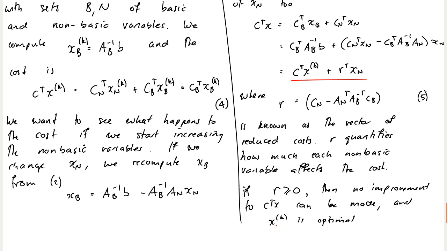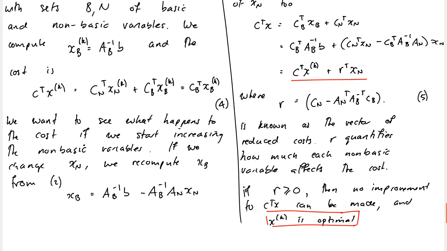Okay, so the first thing we have here is a test as to whether we've finished our algorithm or not. If there's no direction we can go downhill, no direction that's going to make our cost decrease, then we're finished. We've found the optimum of our problem. So equation 5 there is our test for optimality, among other things.